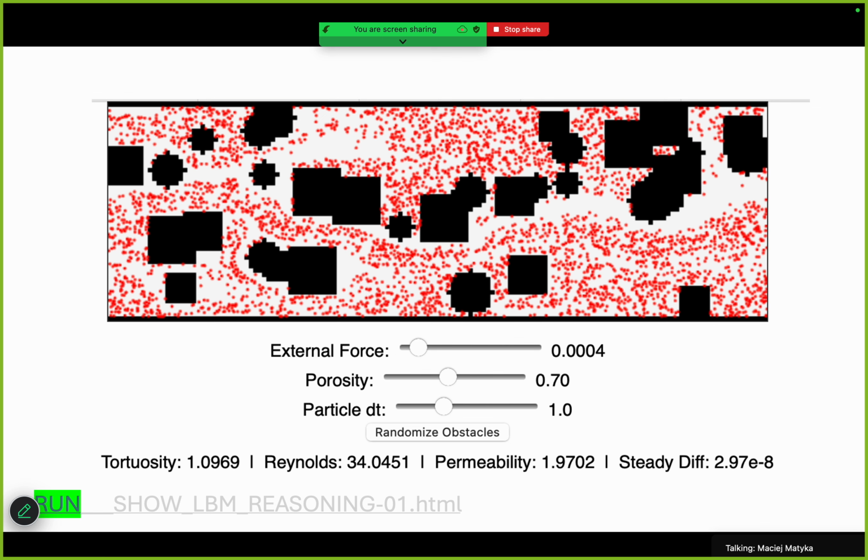Initially I created this Poisson flow, then I added particles, then obstacles, then the external force, then tortuosity computation. Then something was wrong with the simulation, and I had to get back to lattice Boltzmann. But when I started developing some tests and trying to tweak the numerical procedure inside the code with the chat, it was ruining the other parts.